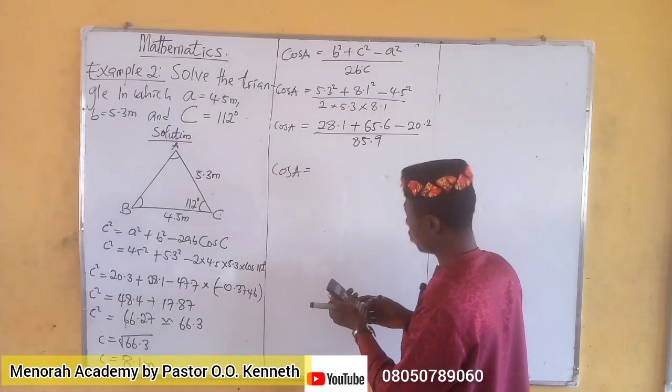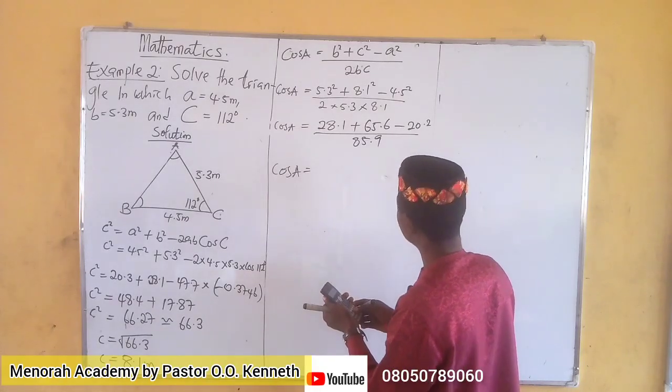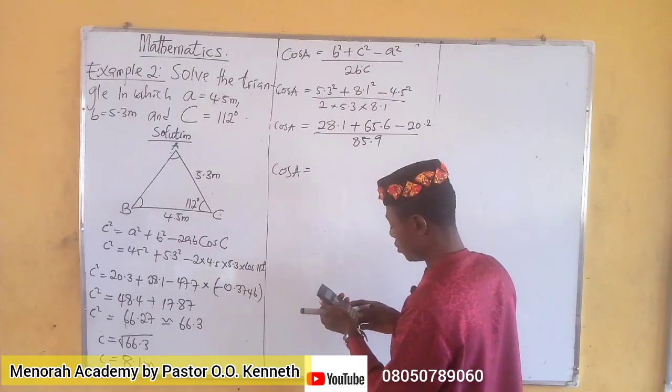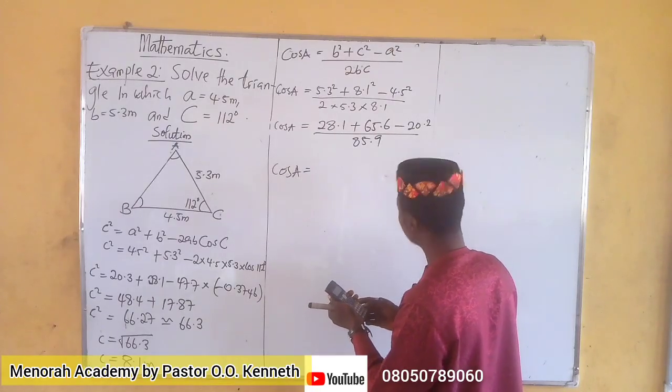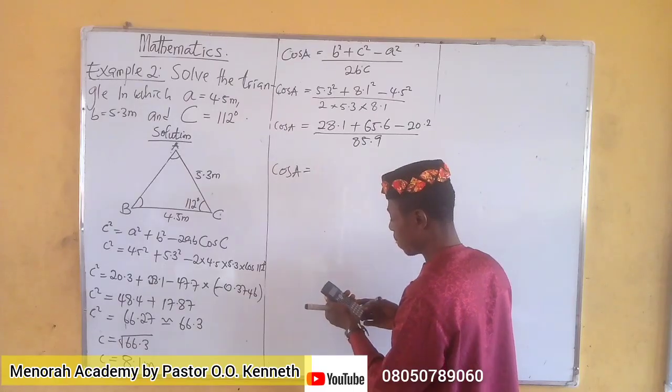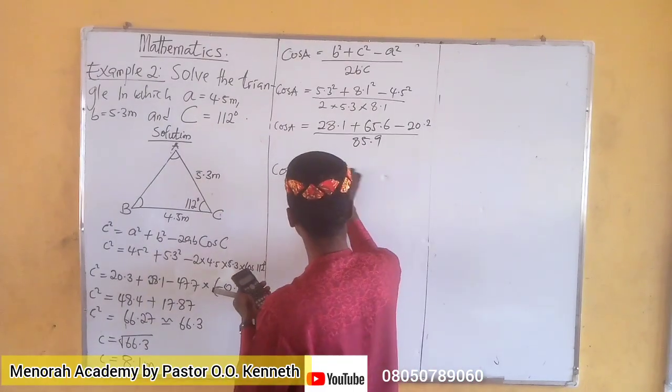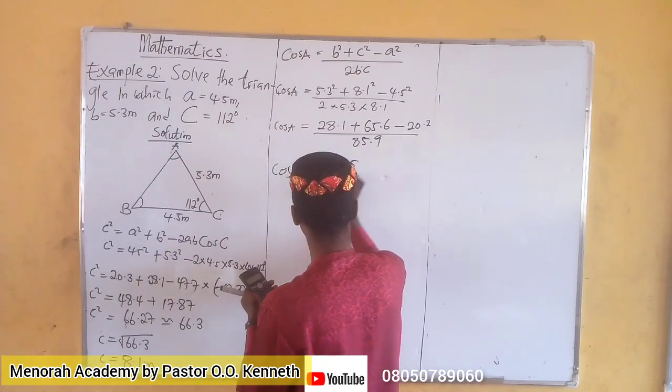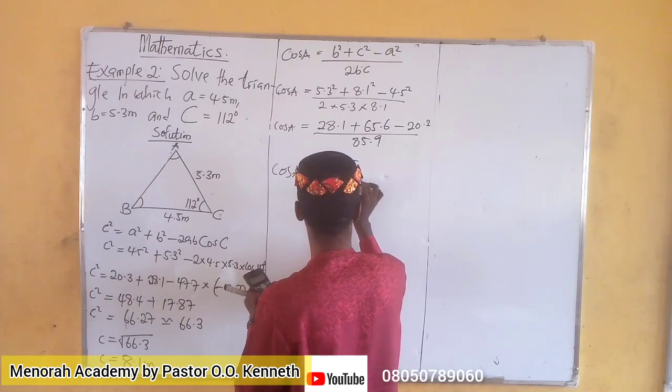So my cos A will be equal to, let's add the numerator and subtract: 28.1 plus 65.6, minus 20.2, is going to be 73.5, all over 85.9.